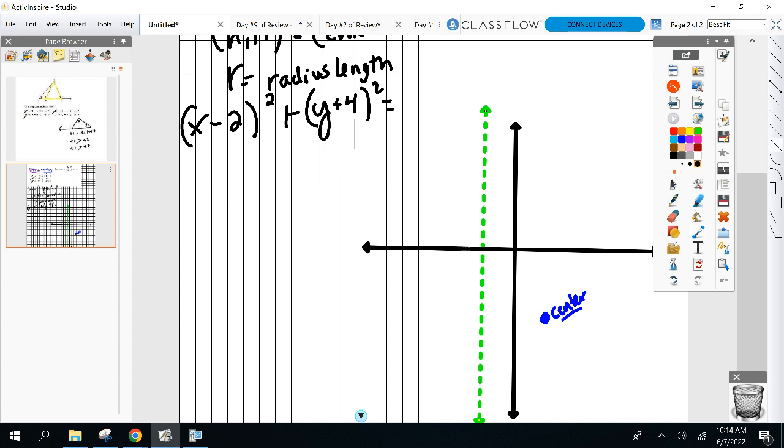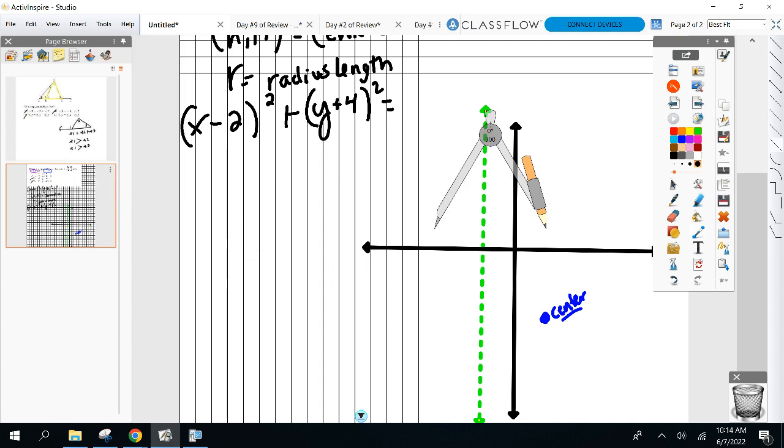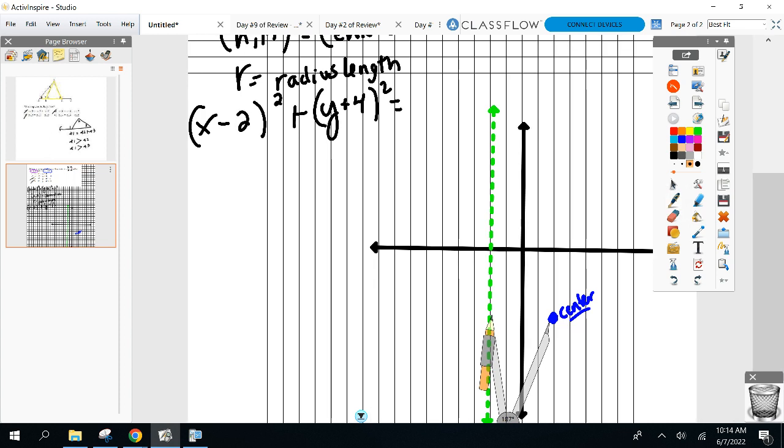So here's what my circle looks like. The circle's only going to touch this line in how many spots? One spot, right? So here's my circle. Right there. It touches it in one spot, x equals -2. What are we looking for here?